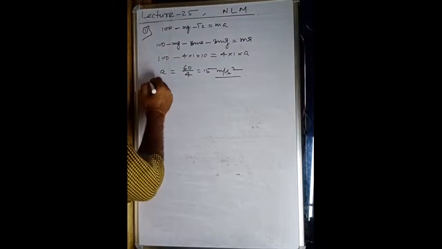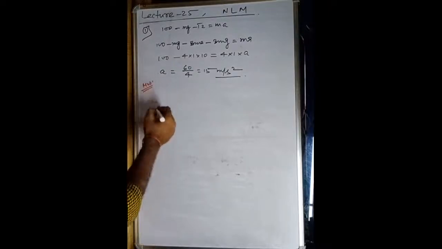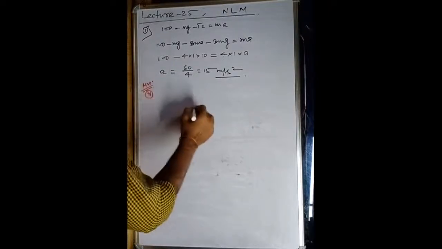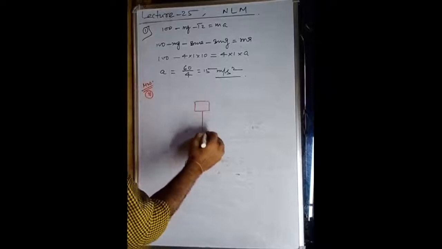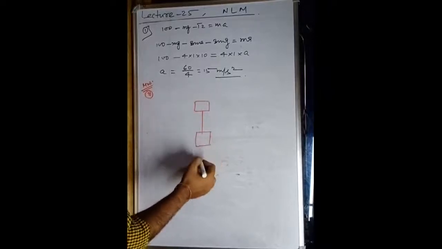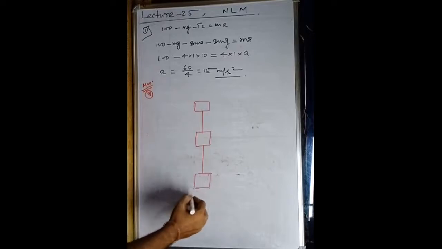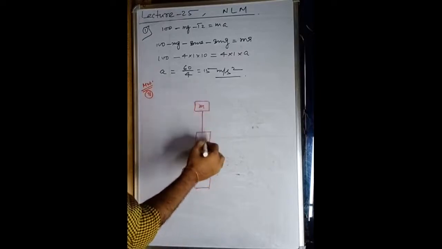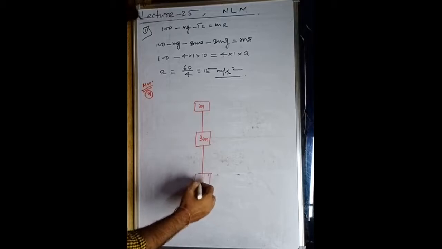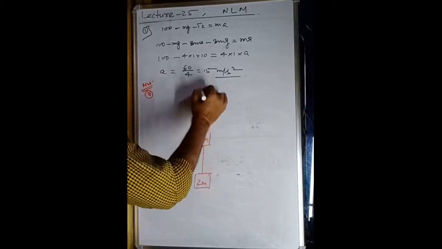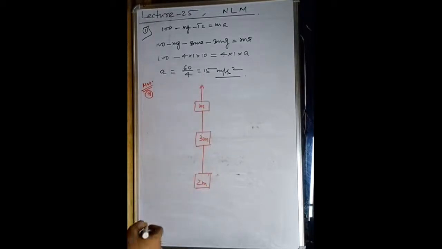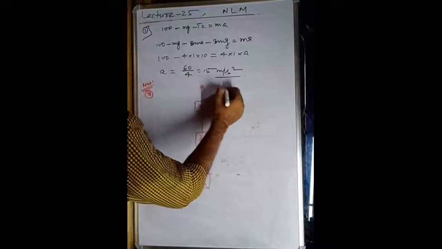Here is the next homework, I think the third homework. The same question I am giving: masses m, 3m, 2m, and here we are applying a force of 50 Newton.